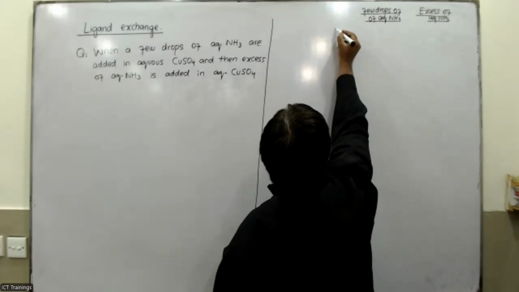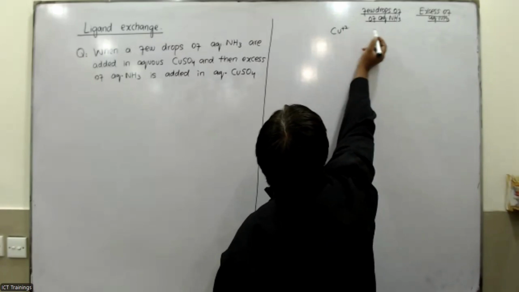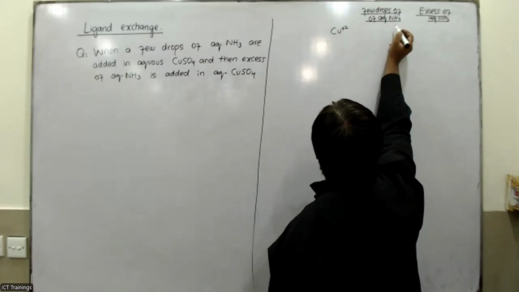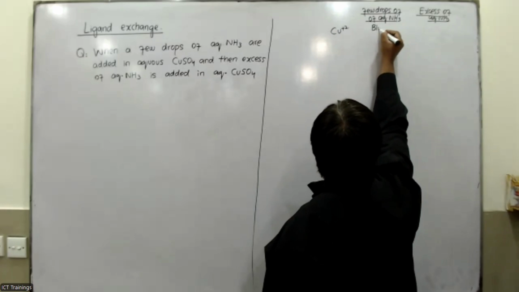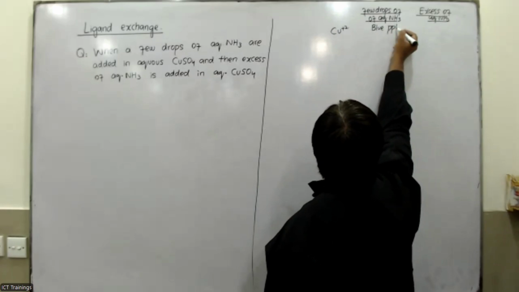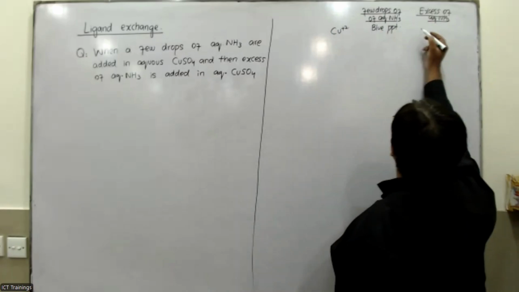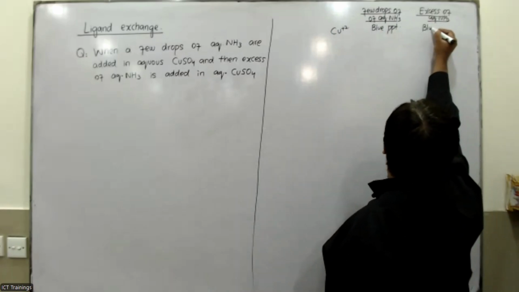If you add a few drops of aqueous ammonia, the blue precipitate is formed. And when you add excess of aqueous ammonia, the blue precipitate dissolves.